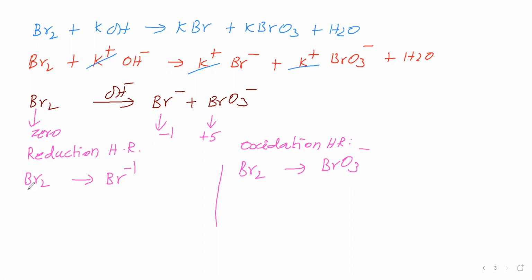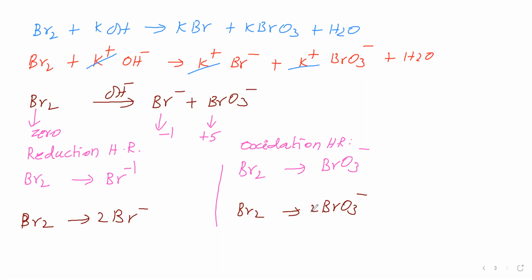Then here we will balance bromine now. Here bromine is 2. Here we will make bromine 2. So Br2 gives 2 times Br minus. Here also we will balance bromine. So Br2 gives 2 times bromate. Bromine is 2 here. Here also bromine is 2. Okay. Next we will balance oxygen.